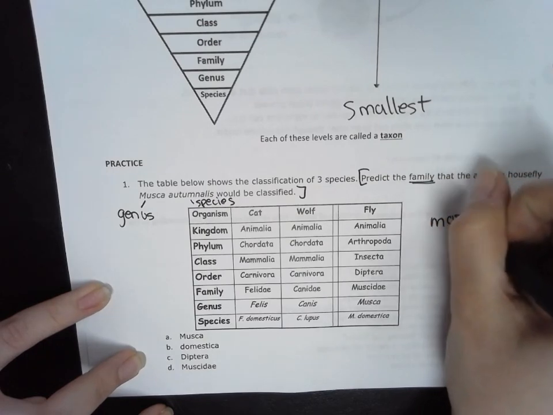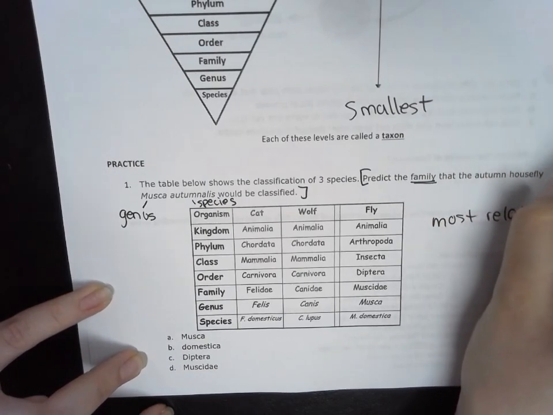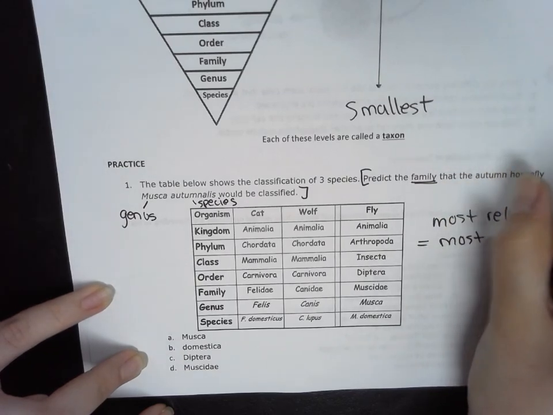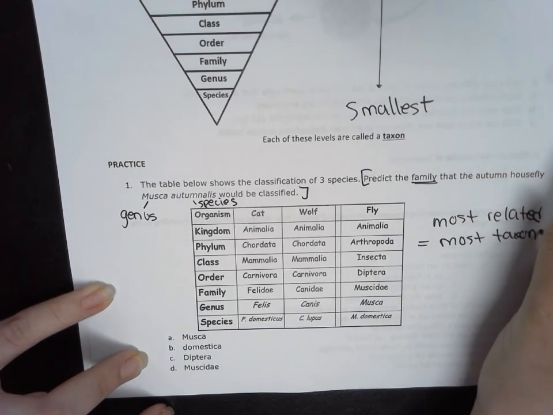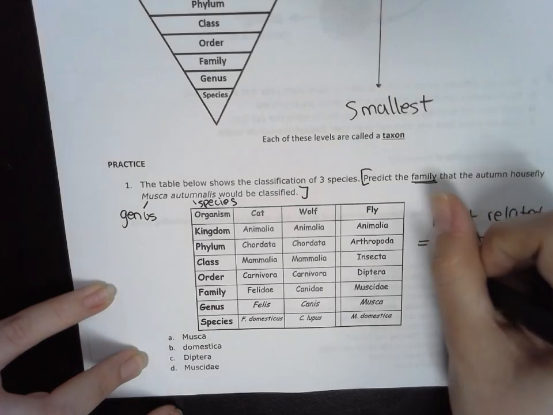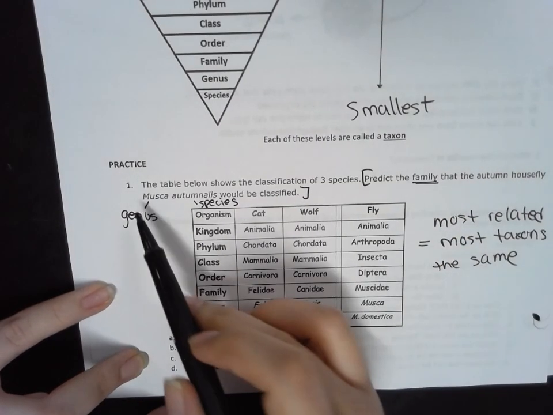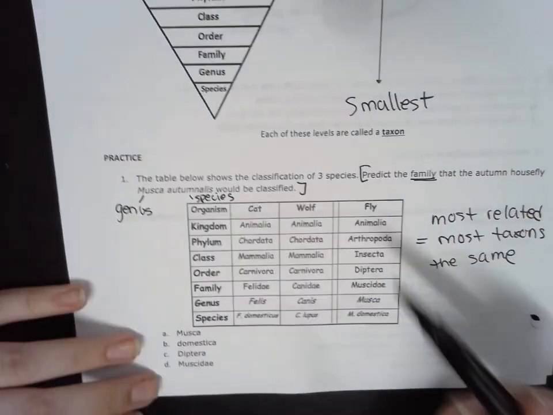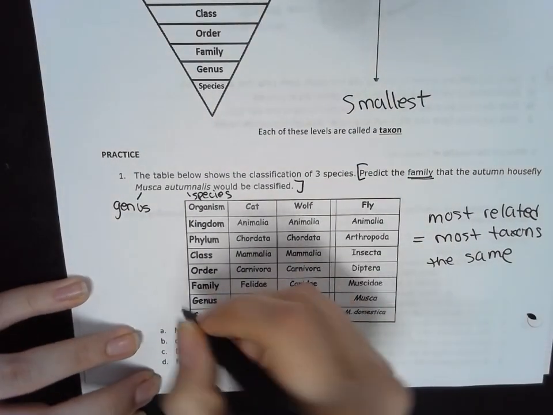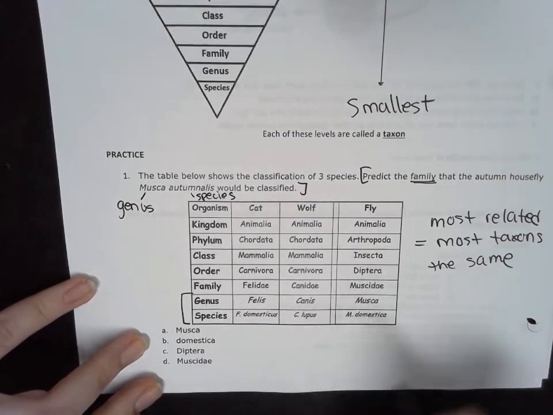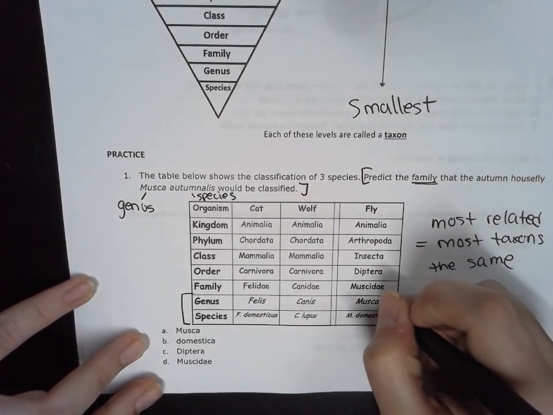I know when organisms are most related, that means that they have the most taxons or levels of classification that are the same. It tells me the housefly has a genus and a species of these, so I'm going to see what that matches here. So I'm going to be focusing on these 2 rows. I see that it matches right here.